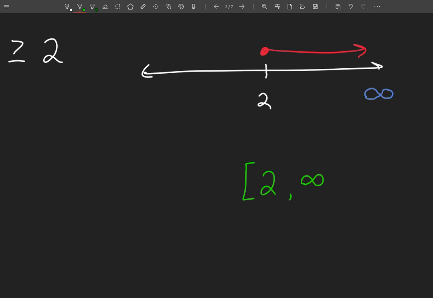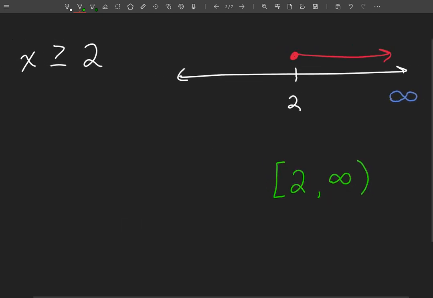Well, as we talked about a second ago, infinity is not a number. You can't reach it. You can't grab it. It's not a thing that you can attain. It's a concept that you go towards. So since we can never actually get to infinity, we can't actually include it. So infinity will always have parentheses. You will never see this. That's just not a thing. Okay? So every time you put infinity, you're going to put parentheses.